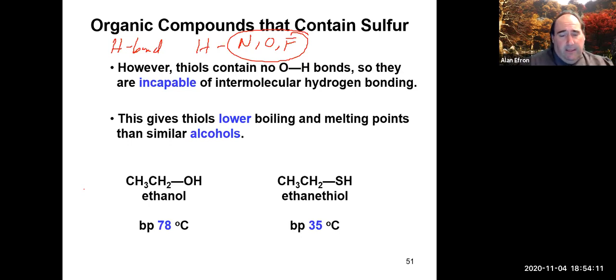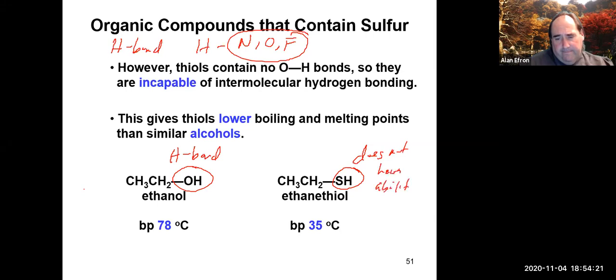Again, our alcohol here does have the ability to hydrogen bond, the thiol does not have the ability. And we do see that difference there in terms of our boiling points.